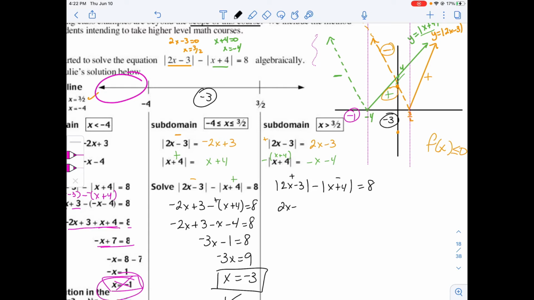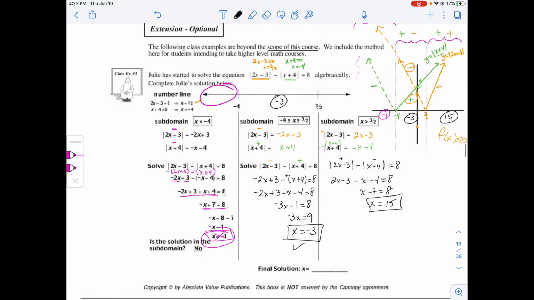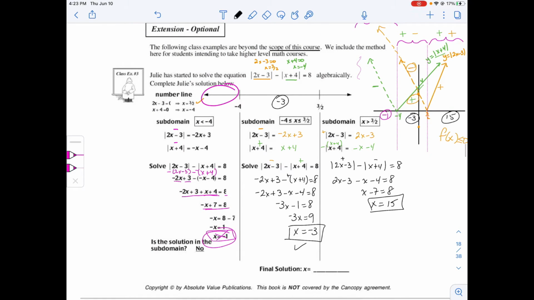So we get our 2x minus 3 minus x minus 4 equals 8. So x minus 7 equals 8, so x is equal to 15. And if we do a little check, 15 is greater than 3 over 2. So these should be our two answers. Our final solution is negative 3 and 15. And if we were to do a little check there, those would both check out.